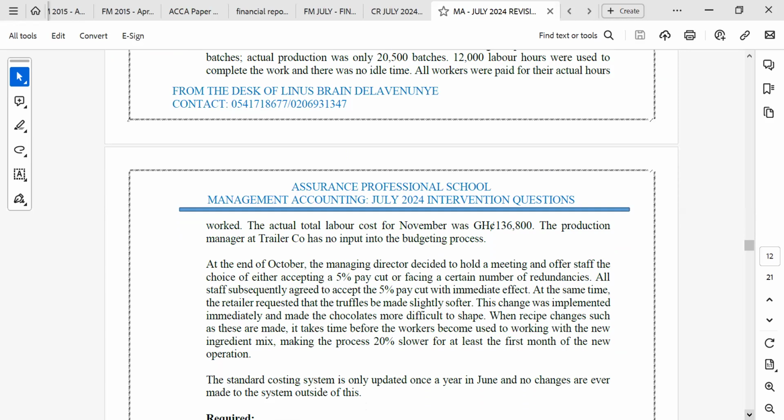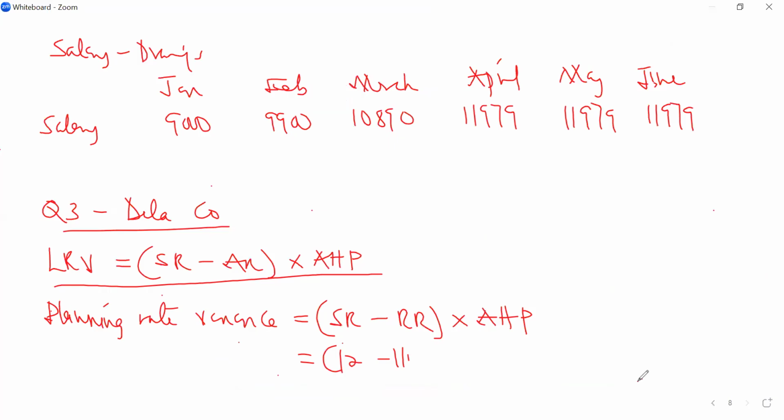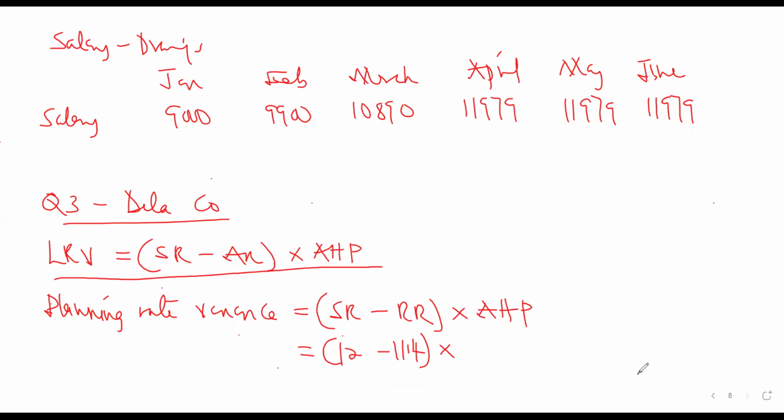So what will be the revised amount now? The revised amount per hour? That will be 95% of the labor cost. Okay, I'm getting 11.4. So the revised amount will now be 11.4.